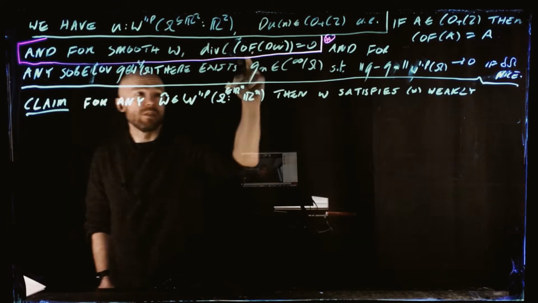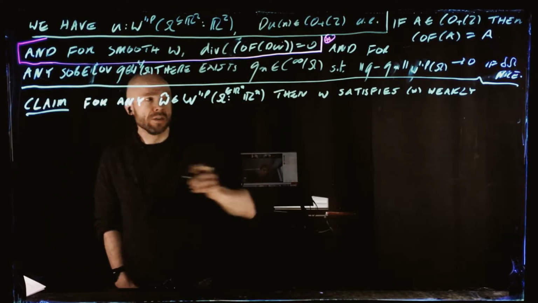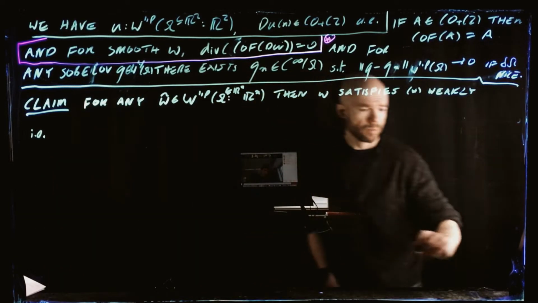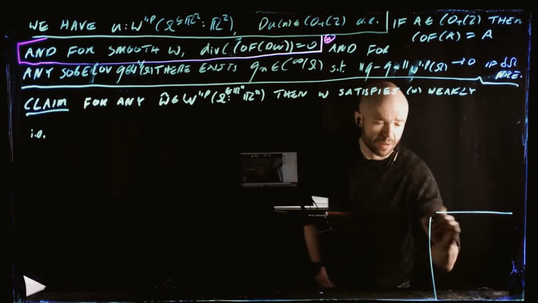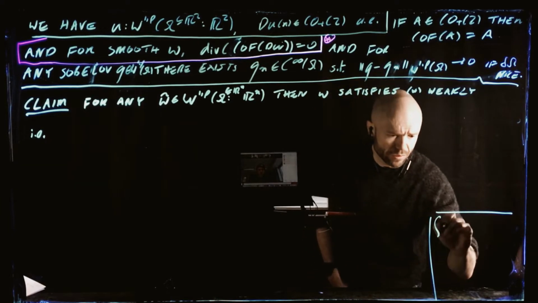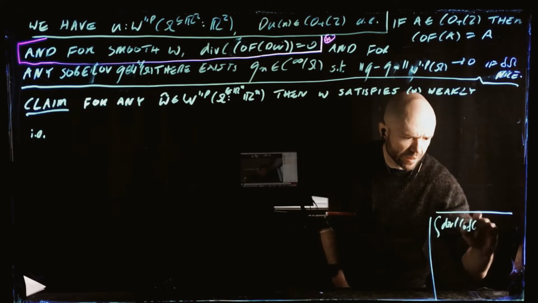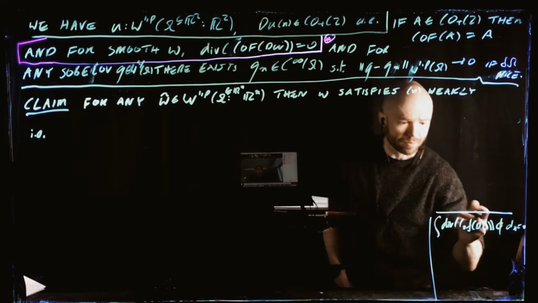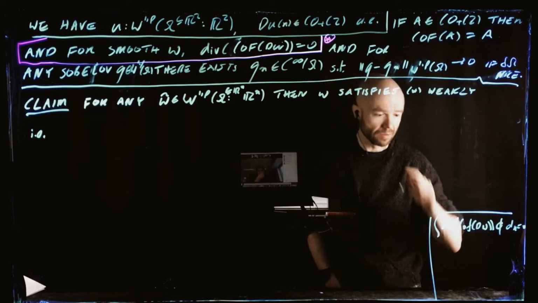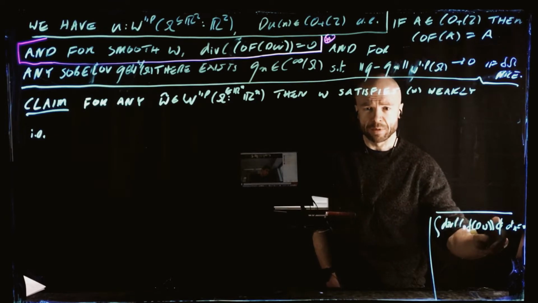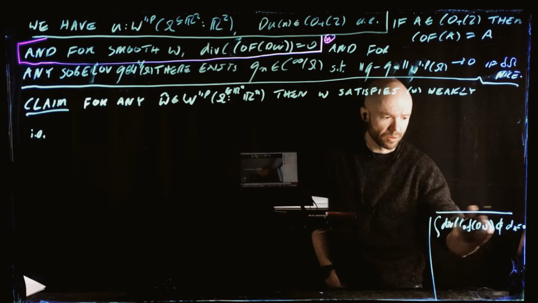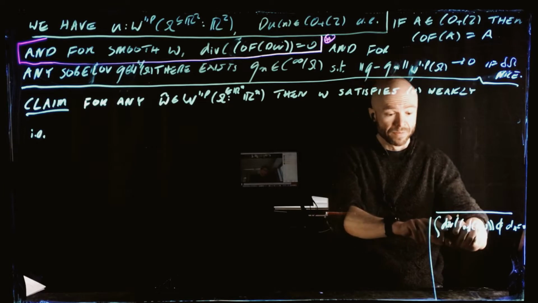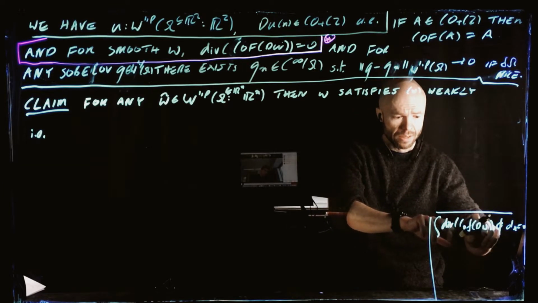So what happens if we test this thing? Let's get the weak form. If we tested this with a smooth test function, and if this held pointwise, then it's certainly true that the divergence of the cofactor of the gradient of W times the test function is equal to 0, because we're just integrating something that's 0. And this is something with compact support inside Ω, so we can integrate by parts and put the gradient on the test function. Now we have to be careful because this means divergence of each row.